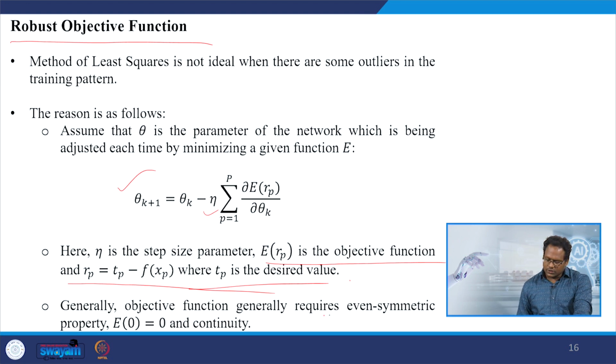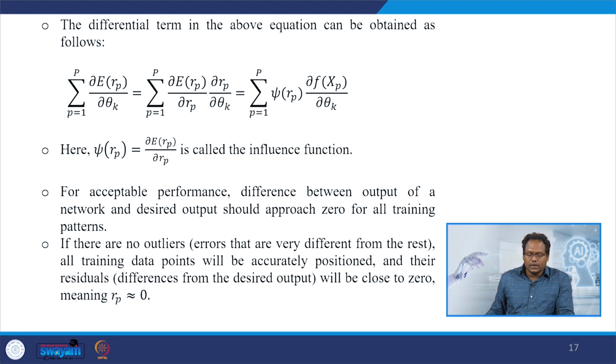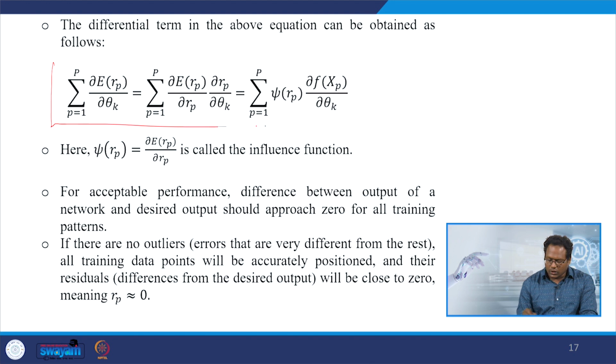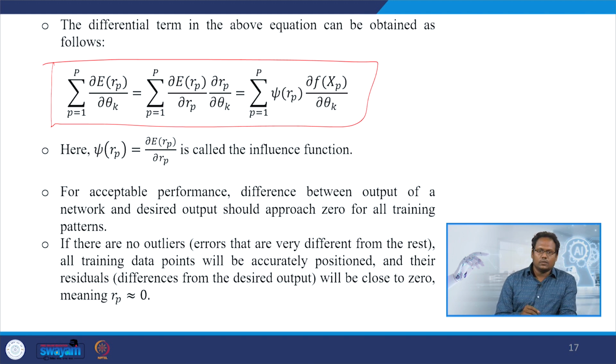Generally, the objective function requires even symmetric property, that is E of 0 equal to 0, and continuity. The differential term in the above equation can be obtained as follows, which is given by summation p equal to 1 to total number of patterns. Dou E of RP upon dou theta k is given by the chain rule, dou E by dou RP into dou RP upon dou theta k.